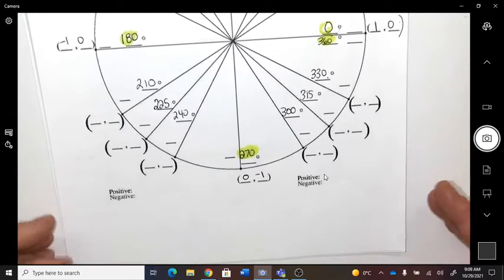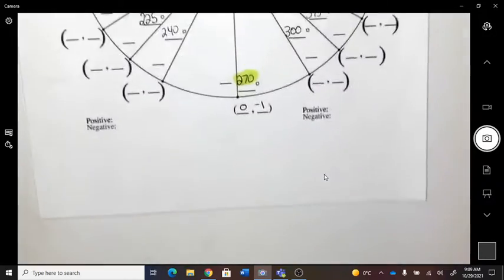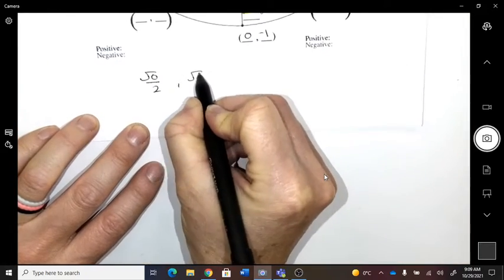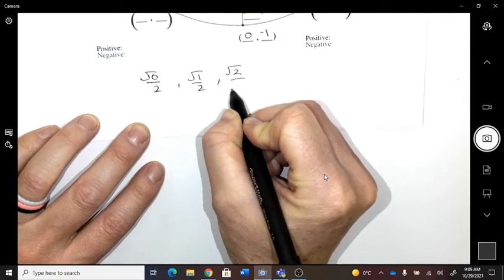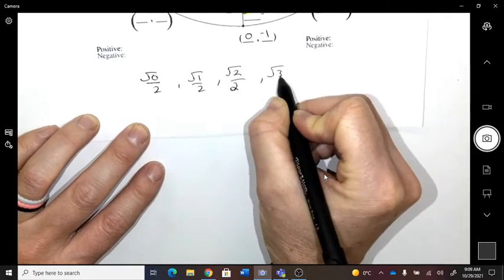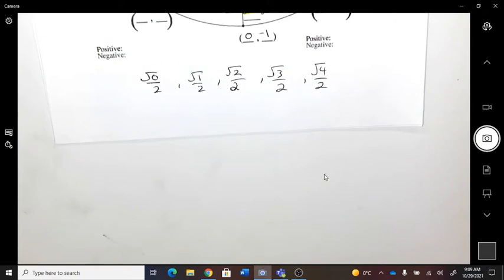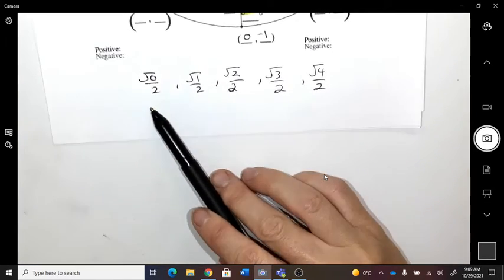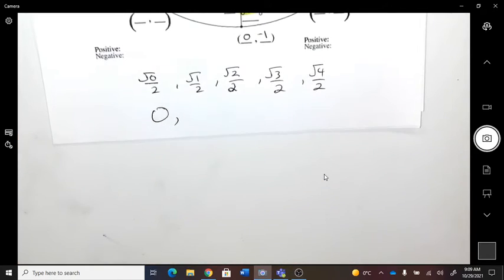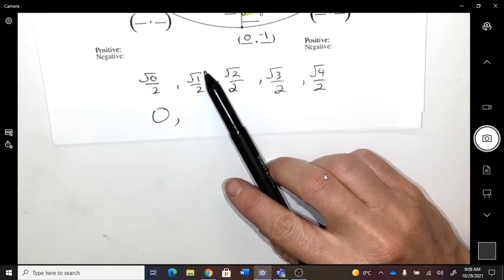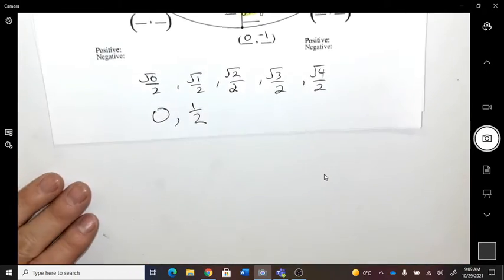Okay, now, I wrote this at the top, but I'm going to do it at the bottom here. Everything on this unit circle has a pattern. Root 0 over 2, root 1 over 2, root 2 over 2, root 3 over 2, root 4 over 2. Okay, I'm going to change this though. Root 0 is 0. 0 divided by 2 is 0. Root 1 is 1, so I could call that 1/2.